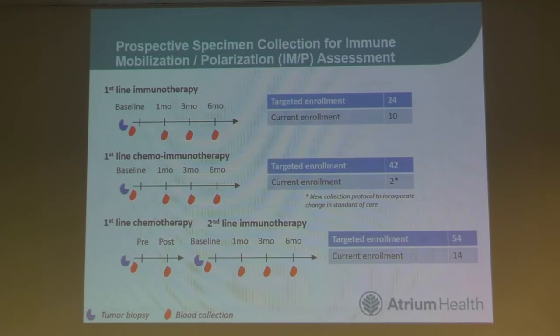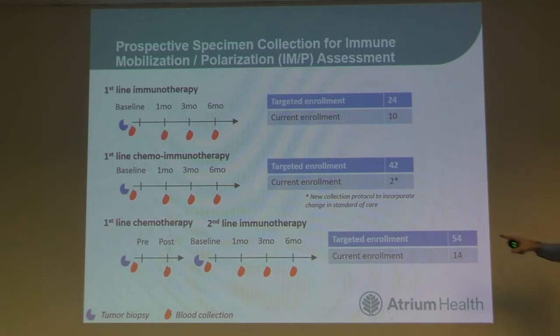Some patients will receive a chemotherapeutic drug, some patients will receive an immunotherapeutic drug, first line, based on this PD-L1 story. And some patients will start with chemotherapy, hit a roadblock, start progressing, the treatment's not working, and then be channeled to immunotherapy. So you can see our enrollment target for each arm of the study.